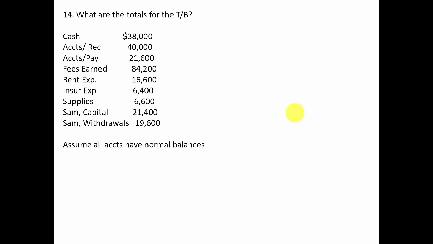Number 14. What are the totals for the trial balance? We've got to figure out the normal balance for each of these pieces, put them on either the debit side or the credit side, and then add them up.